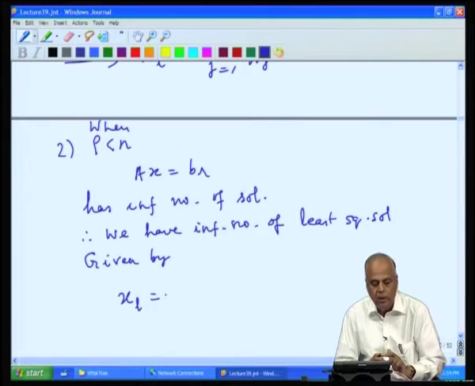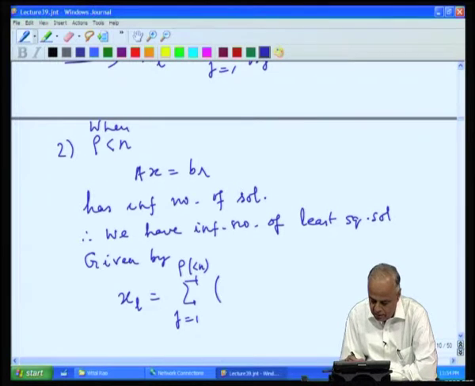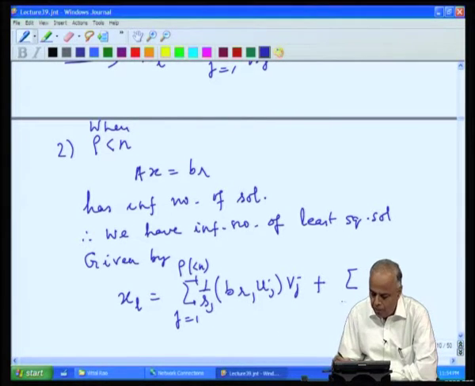We know that when rho is less than n, all the solutions are given by, in the case when consistency condition is satisfied, and because b_r satisfies the consistency conditions, it is sum of 1 by s_j <b_r, u_j> v_j plus the arbitrariness, which comes from the fact that the rank is less than n.